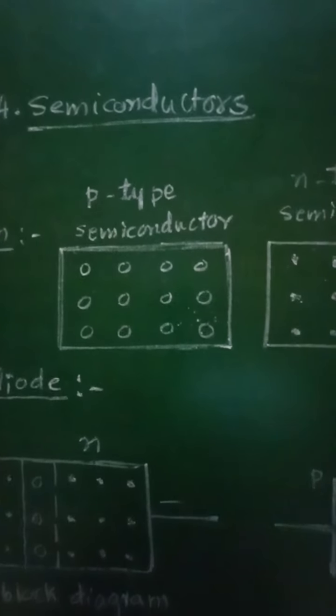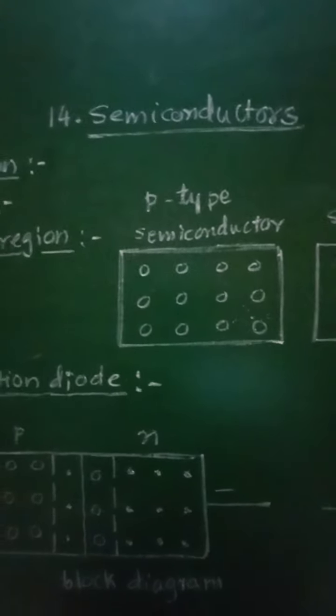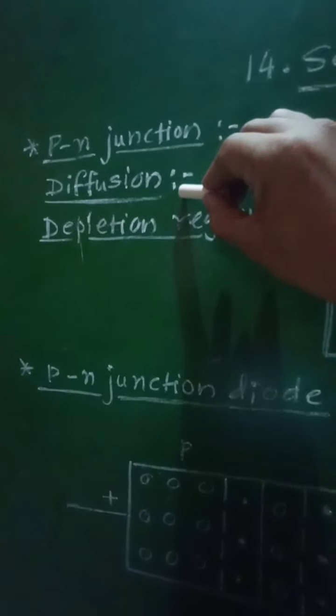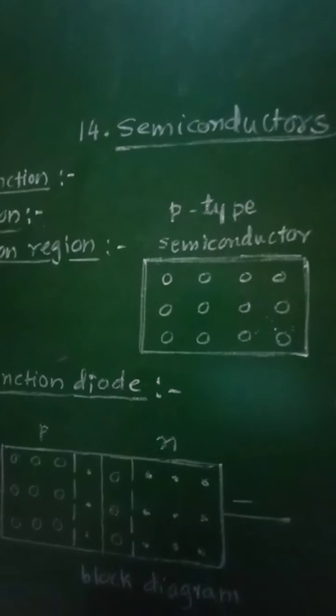Now this formation of the p-n junction takes place due to a process called diffusion. So let us see now what that diffusion process is and how it takes place.